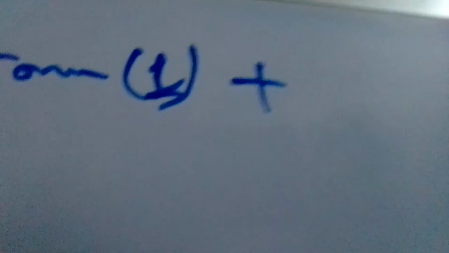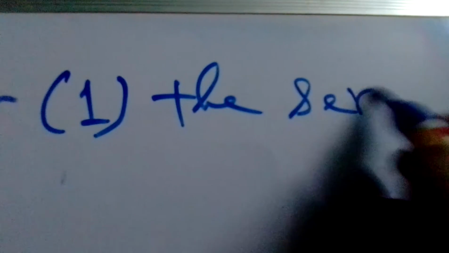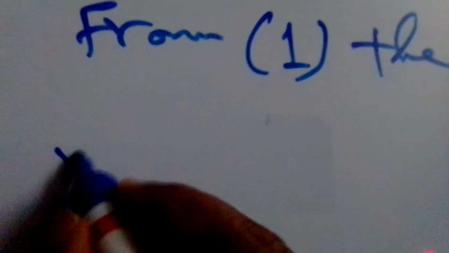Then from 1, the series summation n equals 1 to infinity of mod of x dot e_n whole square is convergent.